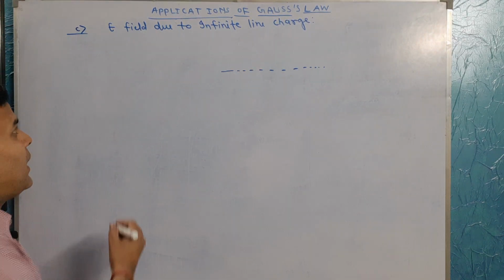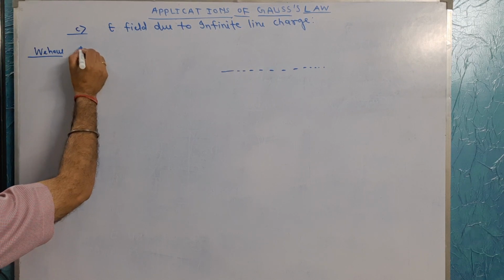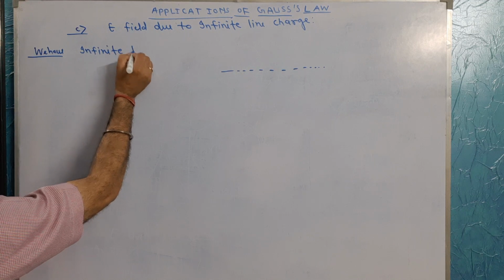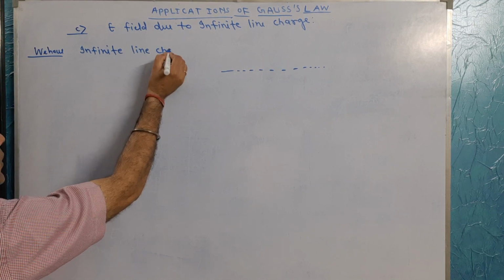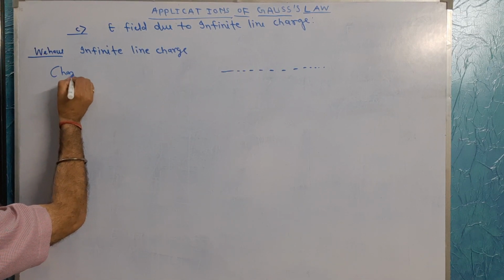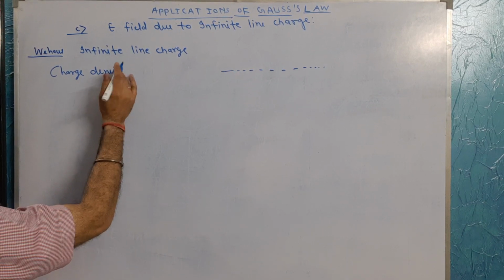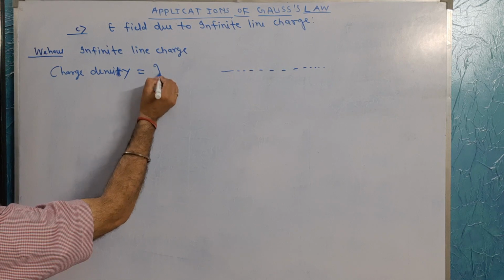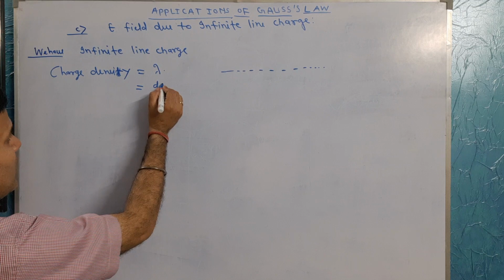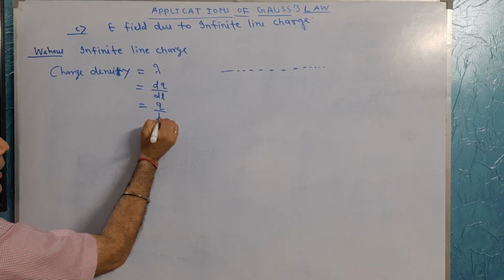So we have an infinite line charge having charge density lambda. Charge density is simply dq by dl, or dimensionally q by l.